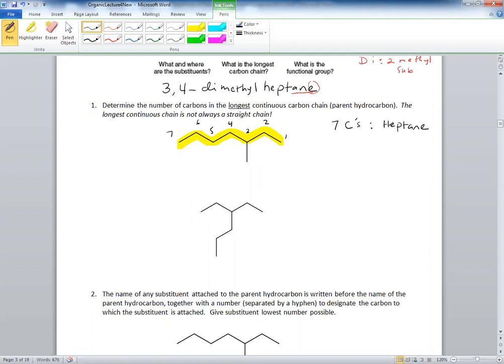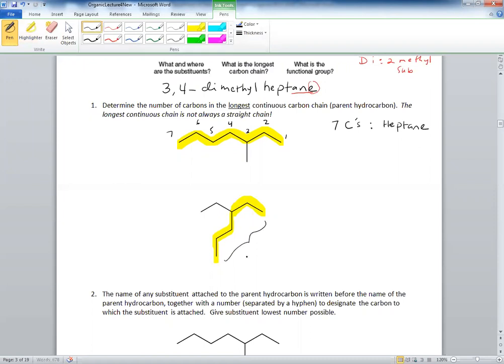Now, watch what the next rule says. It says that the longest continuous chain is not always a straight chain. Be careful. So in this case, rather than going all the way, you actually go down here. That would be the long chain. So again, that's your long chain, not continuing straight.